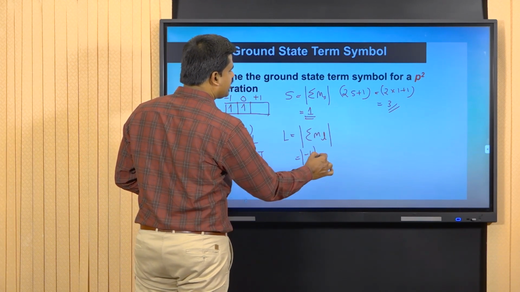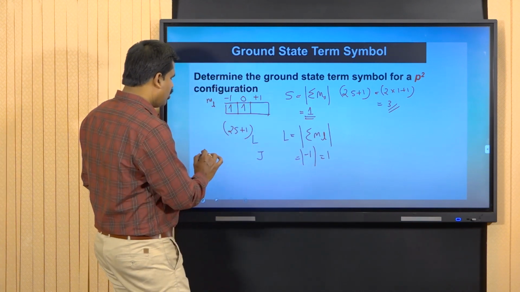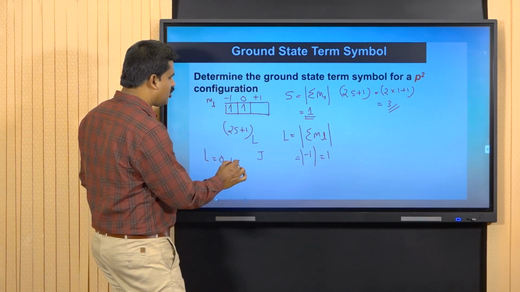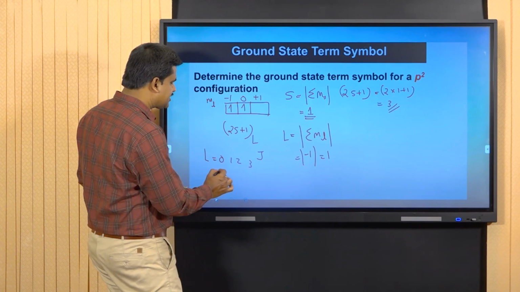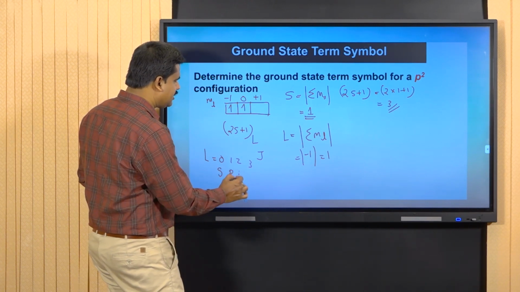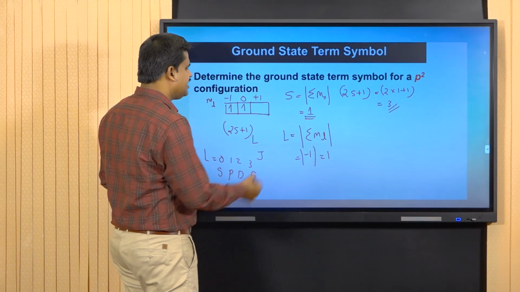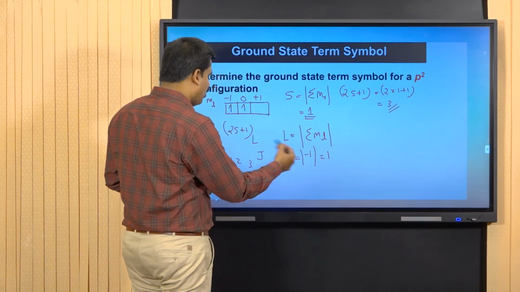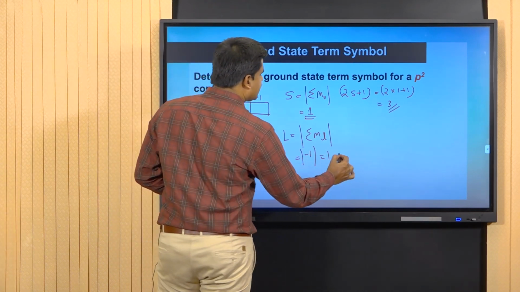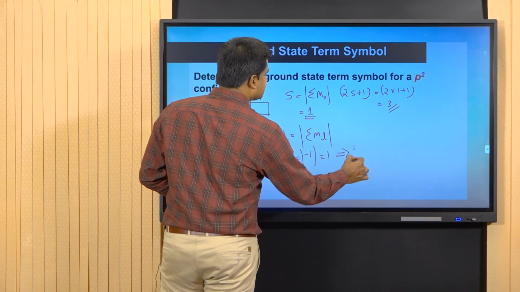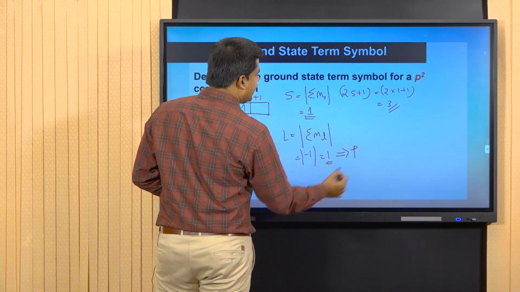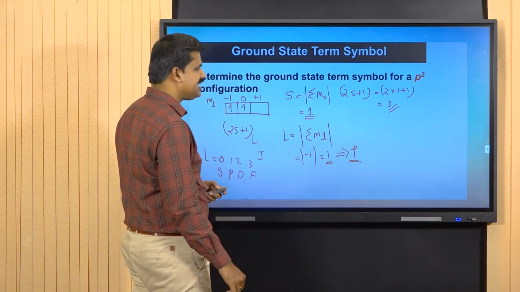Taking the modulus, it is equal to 1. You know L is equal to 0, 1, 2, 3, and the corresponding terms are S term, P term, D term and F term. Since the value of L is equal to 1, the term is the P term.